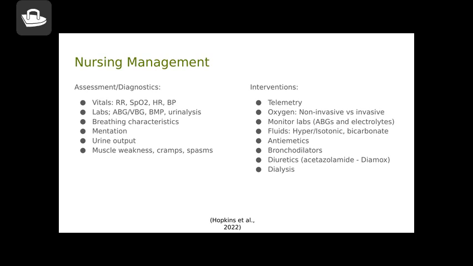So I want to check respiration rate. Are they tachypneic? Are they bradypneic? Are they breathing too fast? Not breathing enough? That's going to tell me a lot about my CO2. Am I retaining carbon dioxide? That's going to be bradypnea, low breathing. Or am I hyperventilating? Big, deep breaths. Small respirations. Am I breathing out a lot of carbon dioxide?